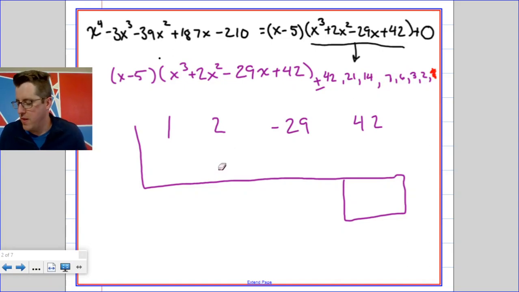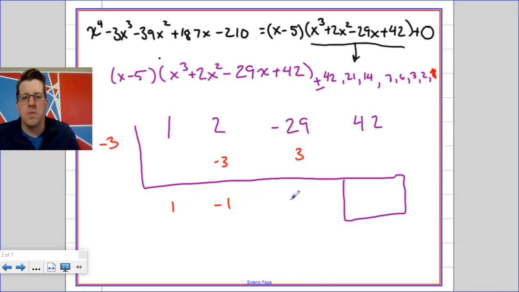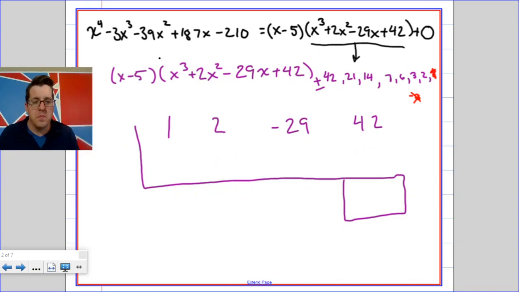So say, for example, I want to try -3. So I plug that in, and I get not the right answer. I just want to make sure that I cross out -3 in some way so that I know that I'm not on the right track.